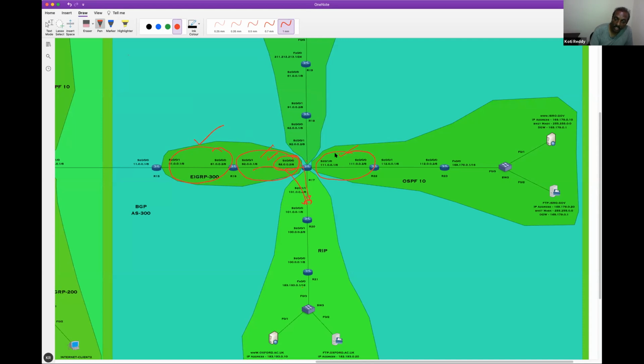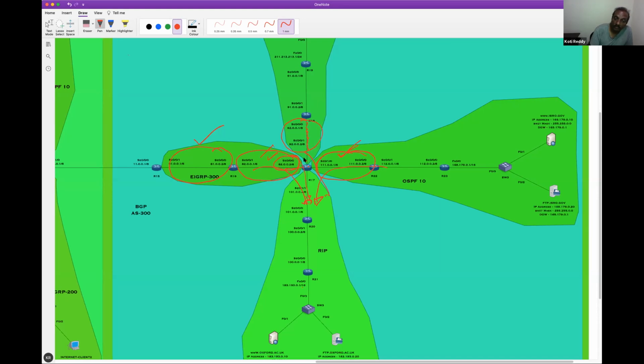Same is the case with 111.0.0.0. Even though this is a connected route in the routing table of R17, as part of redistribution from OSPF into RIP protocol, this 111 network also will get into RIP protocol. But here, there is no routing protocol on this interface, right? So when you send the static routes into RIP protocol, this 92 network alone will not get redistributed.